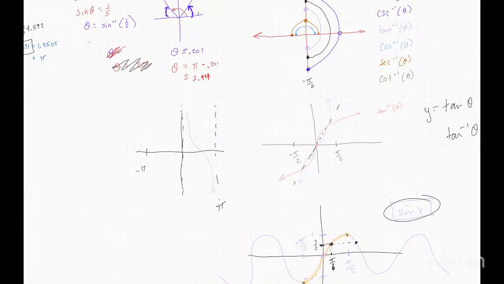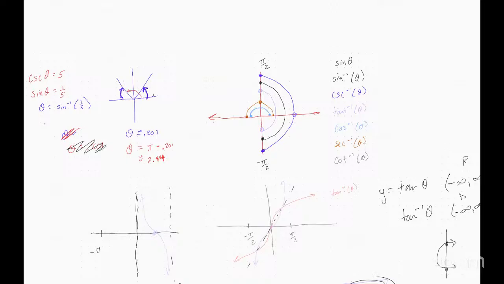So see how the tangent function looked? Wait, let me think about this for a second. Is the tangent function defined at, yeah, it's defined there. Never mind, I'm good. It's not defined at the endpoints. So the cosecant function, dark purple, is defined from here to here, but not including the endpoints. Okay.